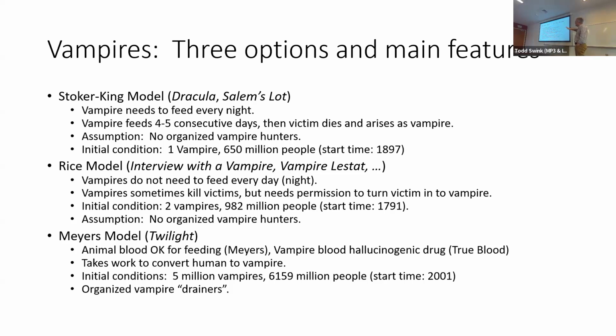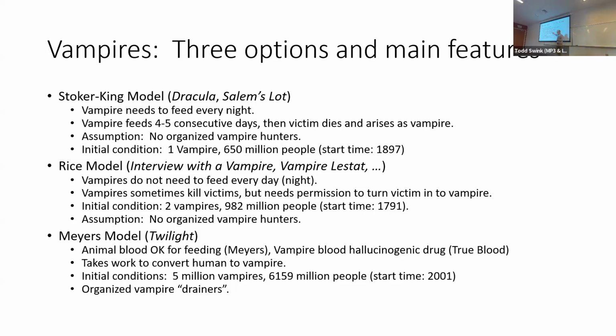They feed four or five consecutive days, then the victim dies and becomes a vampire. So this is sort of a zombie-type vampire, driven by need to feed. There are no organized vampire hunters, and their initial condition was 1 vampire and 650 million people. It was a kind of Lotka-Volterra, except a very unbalanced population.